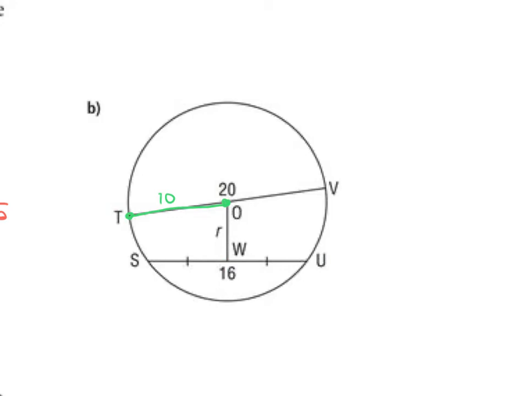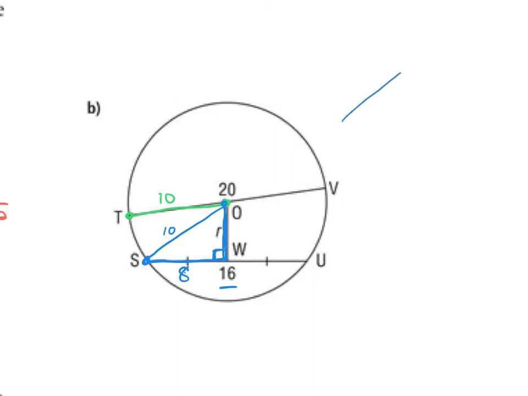So if I'm turning this into a triangle, I would probably draw a radius from there to there, label that as 10. I'm trying to find this side here. This side is half of my chord because it's our perpendicular bisector. So it's going to be half of 16, which is 8.